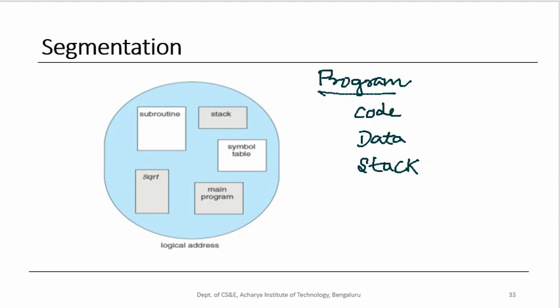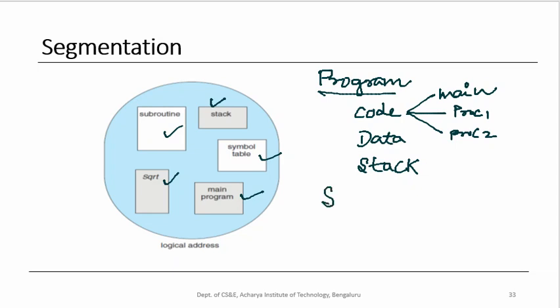Further, in the code you might have written a main program and many procedures, let's say procedure 1, procedure 2, and so on. The same thing has been shown here. There is a main program, a procedure sqrt, a stack, some subroutine and a symbol table, etc. All these could be called segments.